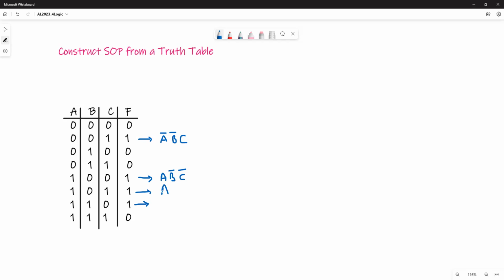So we can say A, B bar, C. And finally we have A, B, C. So to construct SOP from a truth table, you focus on ones, and for all ones you come up with the expression.